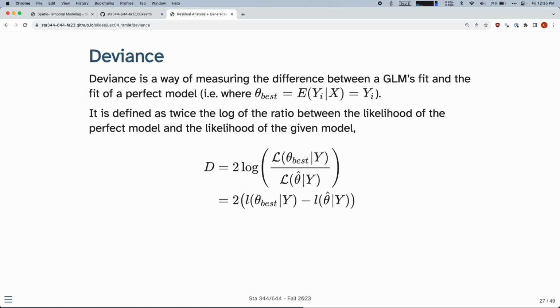For the Poisson case, I've got yi log lambda minus log yi factorial.